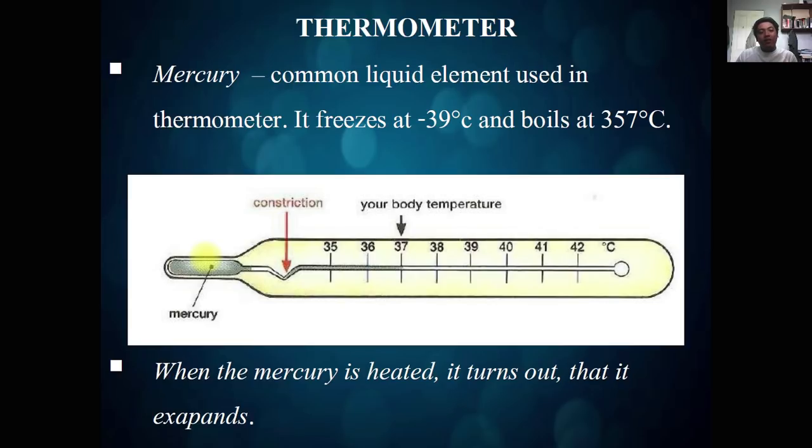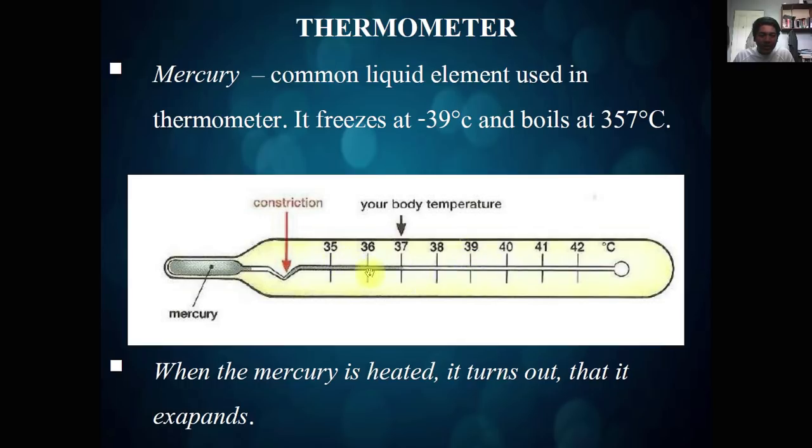When an object is heated or subjected to a high temperature, the tendency is that it expands. So it will expand along the measuring scale of our thermometer. When it is removed from your armpit to see what our temperature is, it turns out that if you have a fever, your temperature will be at a higher mark.